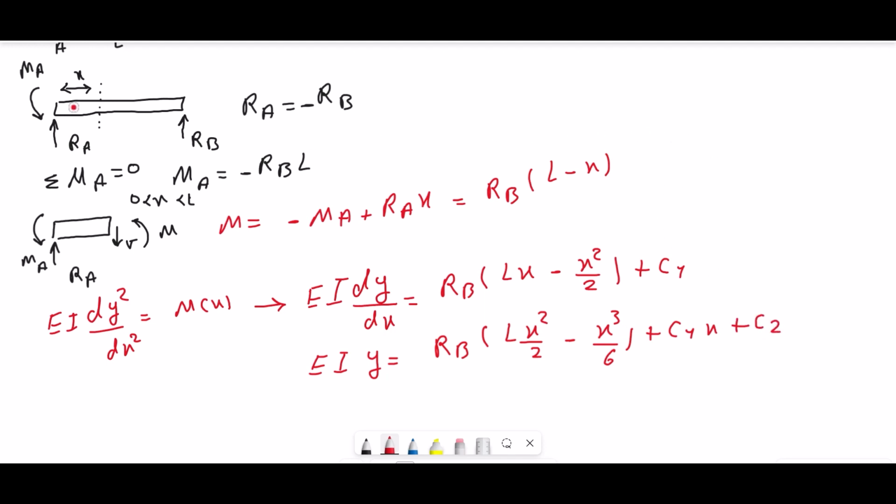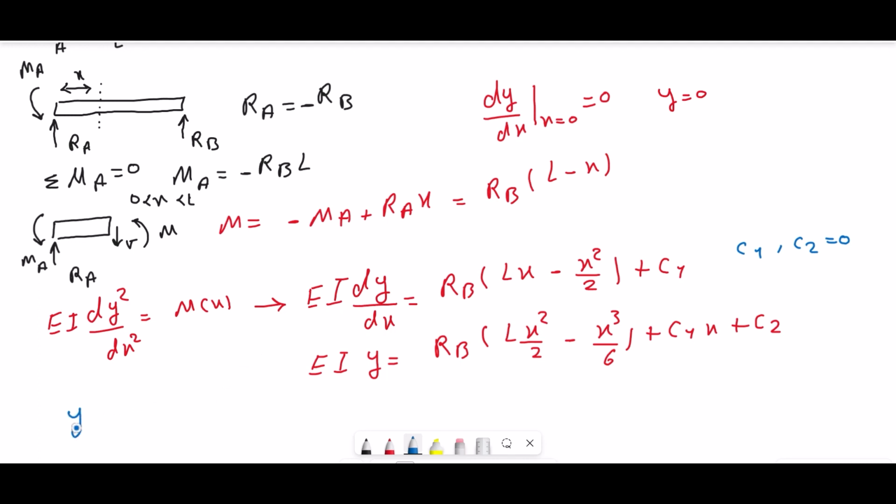And in our problem, we had two boundary conditions, and since here we had a fixed connection, the slope, which is the derivative of y relative to x at x equals 0, is 0, and our deflection in here is 0 as well. So from these boundary conditions, we see that C1 and C2 are both equal to 0.